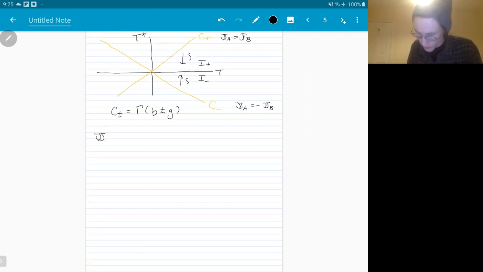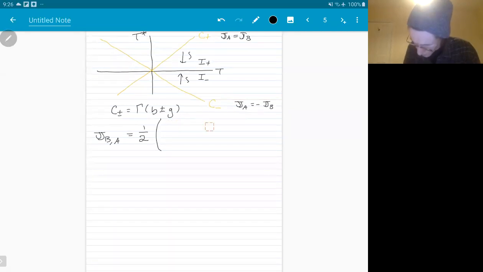So you can do either JB or JA, and that's given by the following formula. I'm going to write both JB and JA. They're going to be the same formula but differing by signs. So for JB, it will be plus I plus I minus, and for JA, it will be with a minus. So the top will be B, the bottom will be A.